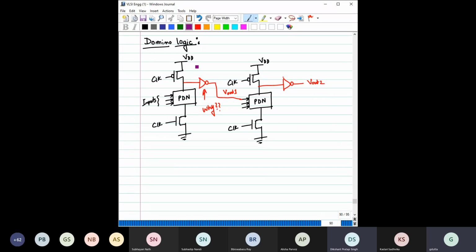So during pre-charge, this node will become 1. Now we have an inverter, so this will become 0, and this is the pull down network. 0 means 0 voltage has been applied, and the pull down network is made up of NMOS. 0 cannot turn on this NMOS, so the question of further leakage is not there.